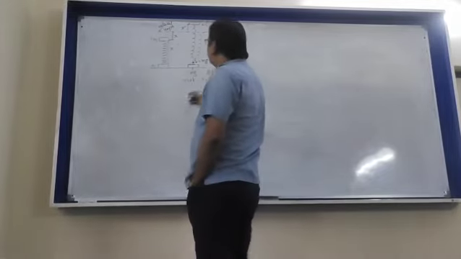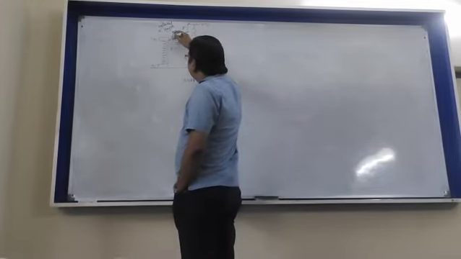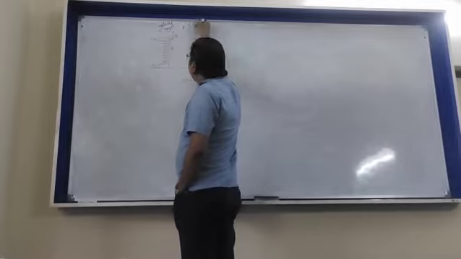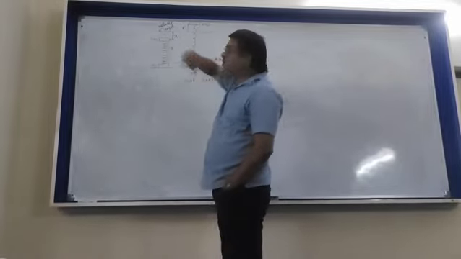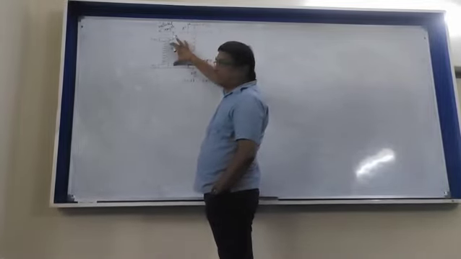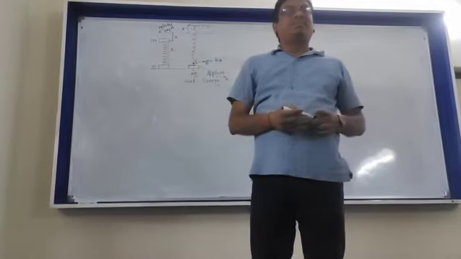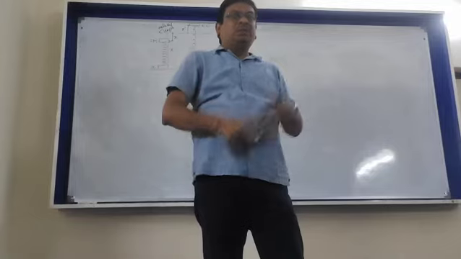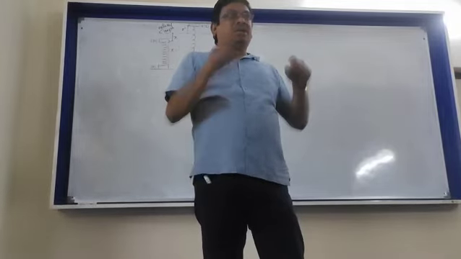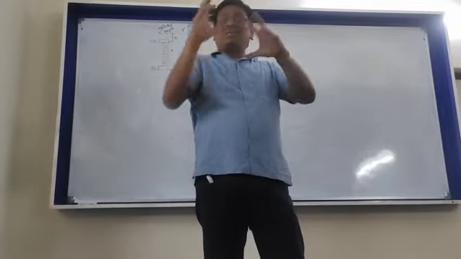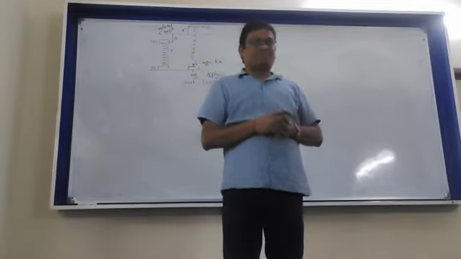First of all, you see that this block has gained gravitational potential energy because it has gone up. So naturally the spring should have lost elastic potential energy. If you think this way, it becomes easy. If you simply write the equation and start solving, it will be difficult.